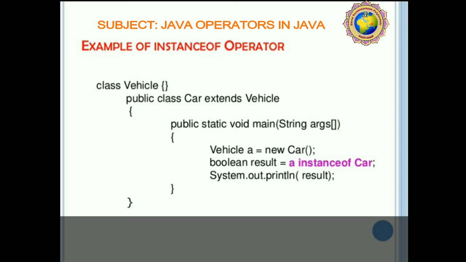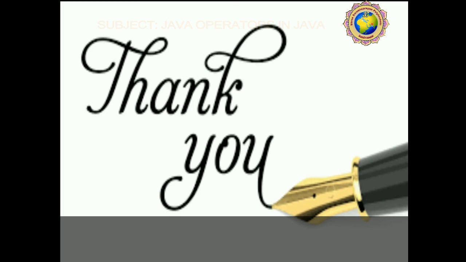In public static void main we make an object of Vehicle, and boolean result equal to a instanceof Car. This is called the instanceof operator, a instanceof Car. Then that will be the result. Thank you.